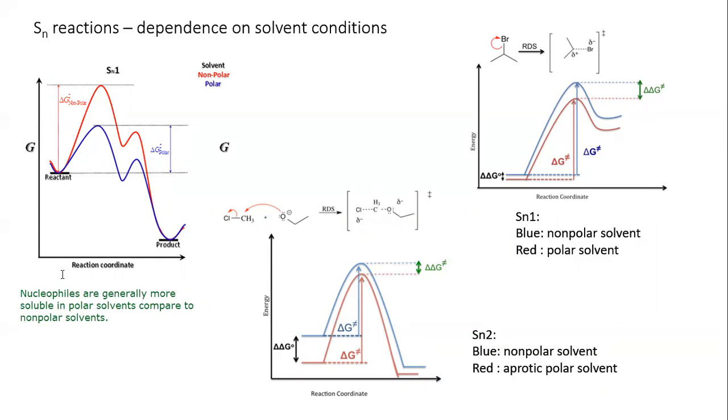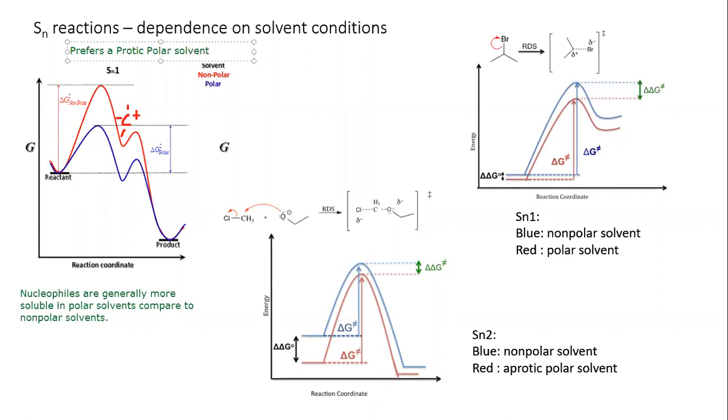Now with SN1 reactions, remember we form a carbocation as a reaction intermediate. So our reaction intermediate is a carbocation. And so for SN1 reactions, it prefers a polar protic solvent. So SN1 prefers a protic polar solvent.